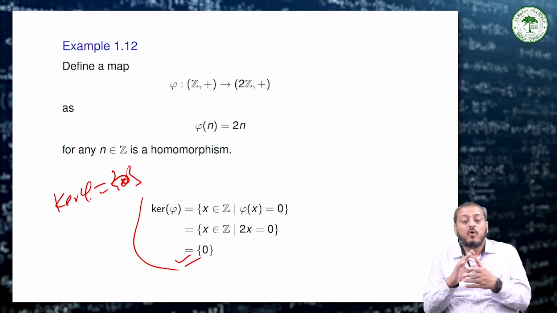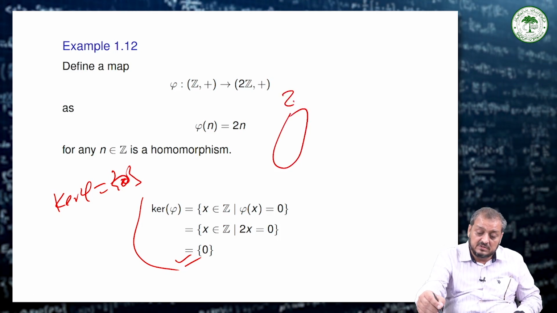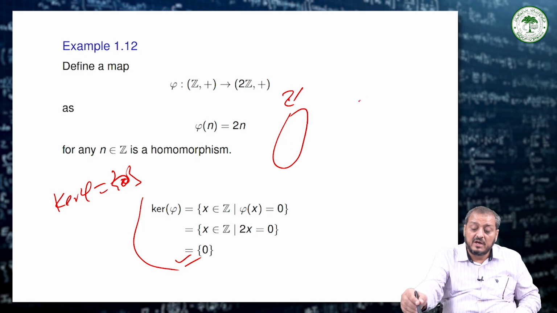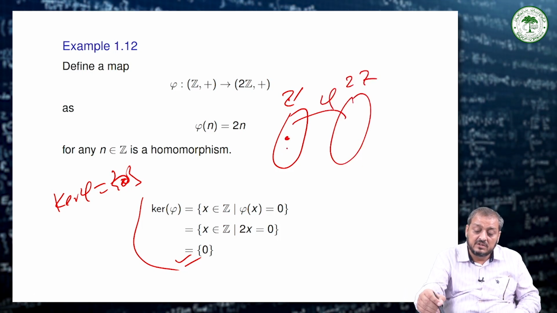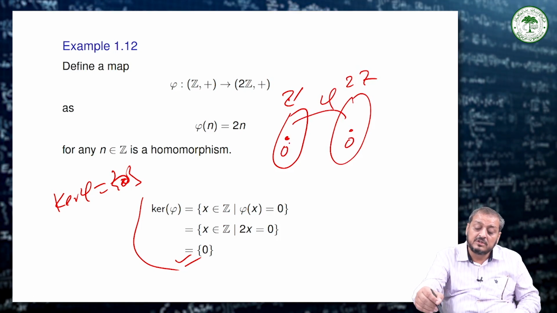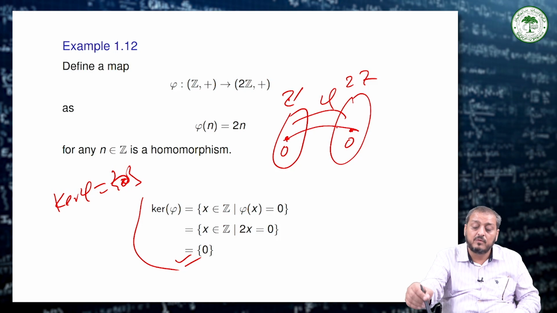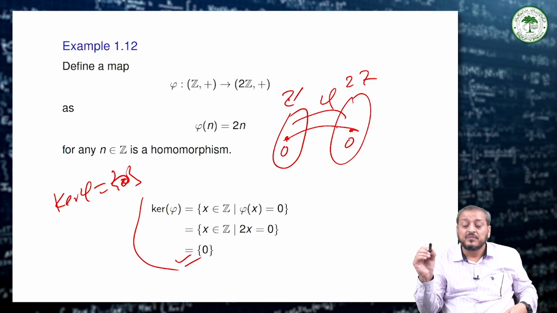This is Z, this is 2Z, and phi maps the identity 0 to the identity 0. So this is the only element which maps into 0, and no other element maps into this 0.